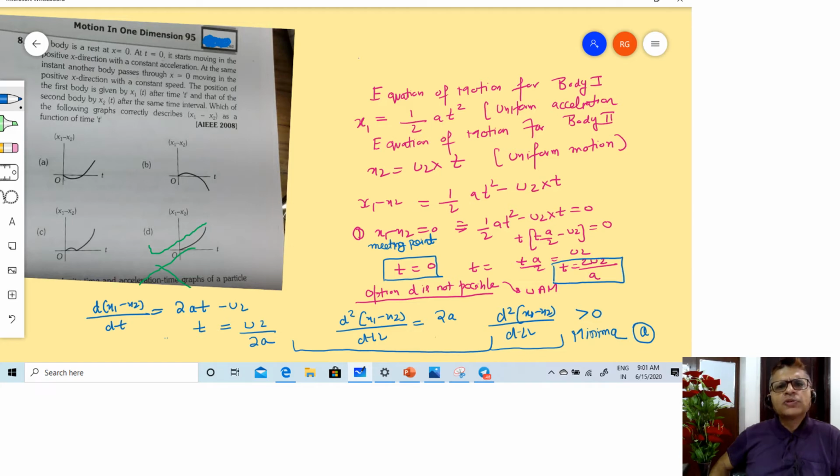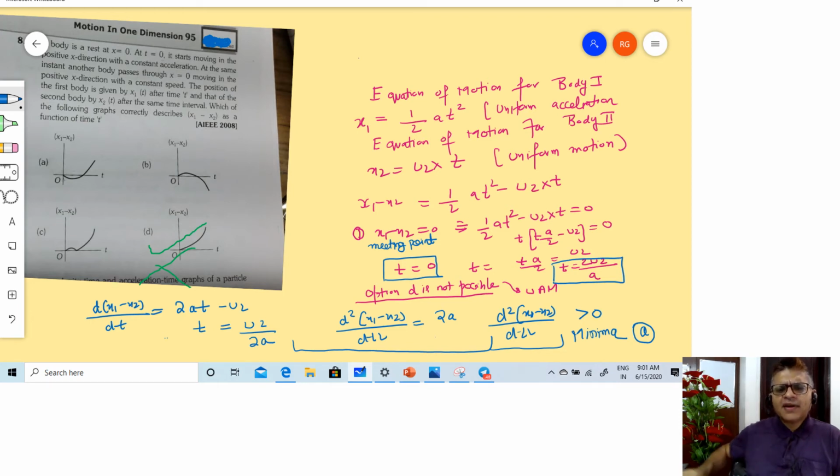One of the key tools we have in solving kinematics is using calculus to establish a few things. If you remember, we did the test of curvature, and you can see my video on the test of curvature. It'll give you a sense of what I'm talking about. I have taken a single derivative of x1 minus x2 and put it equal to 0, and found the t at which d(x1 minus x2) by dt is equal to 0.